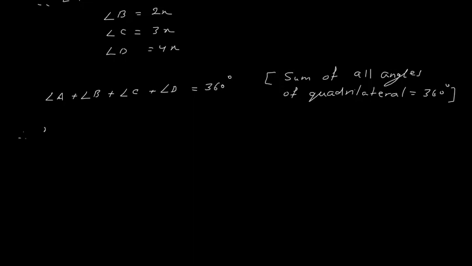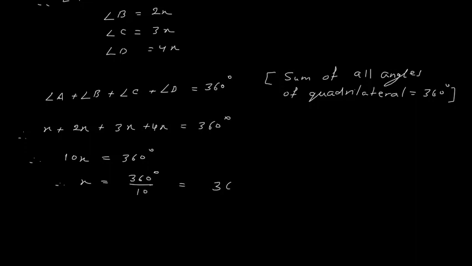So therefore here we have x plus 2x plus 3x plus 4x. The sum of all these four is 360 degree. So we add: 1 plus 2 is 3, 3 plus 3 is 6, 6 plus 4 is 10. So we have 10x is equal to 360 degree. Therefore I get the value of x as 360 upon 10, the zeros cancel, so x is equal to 36 degree.